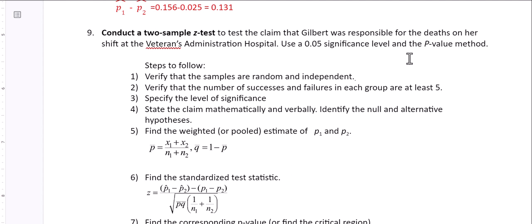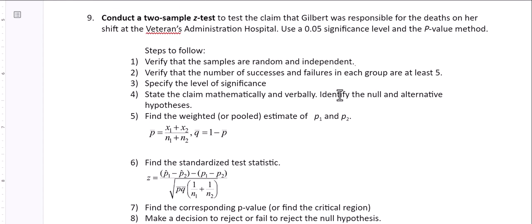For the confidence interval, we're strictly using the data from the sample, and so it gives a little more room for error, versus when we do a hypothesis test, we assume that the null hypothesis is true, and the null hypothesis is about the population parameter.